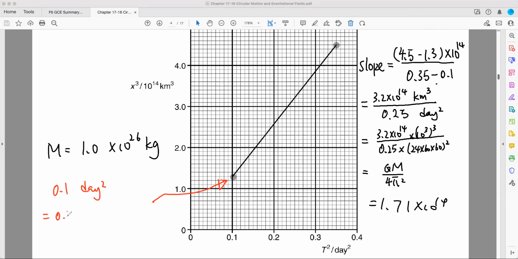It means 0.1 times... 0.1 day square does not mean 0.1 day total square. 0.1 day square or 0.25 day square is not 0.25 day total square. Because you make that mistake, you get it wrong.